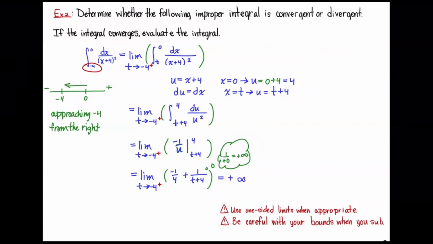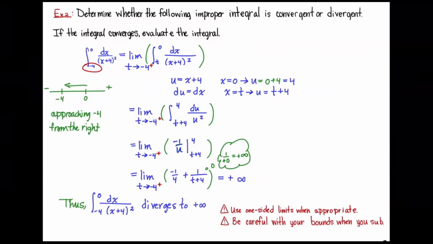Therefore, the integral from -4 to 0 of dx over (x plus 4) quantity squared diverges to positive infinity.